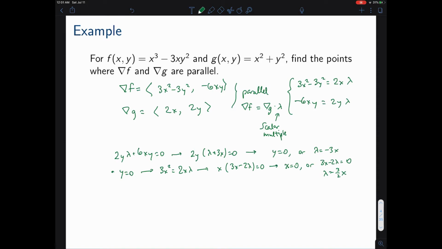So from y equals 0, we got y equals 0 and x equals 0, or y equals 0 and x can be anything, and we figured out what lambda was, although we didn't really ask for that information. So we're not done yet, but we already know that we can have y equals 0 and any x value. So these are the points along the x-axis.